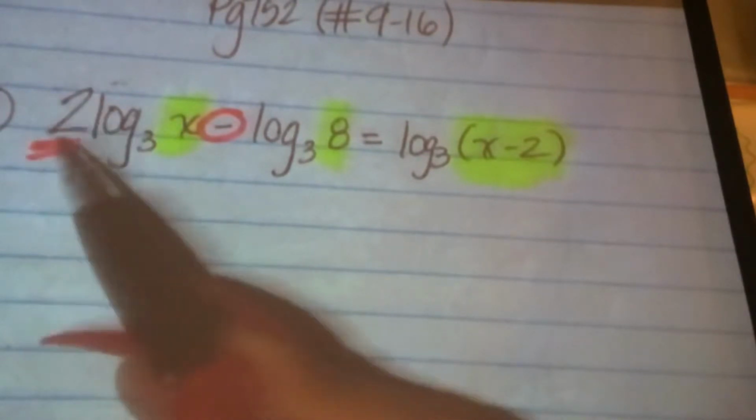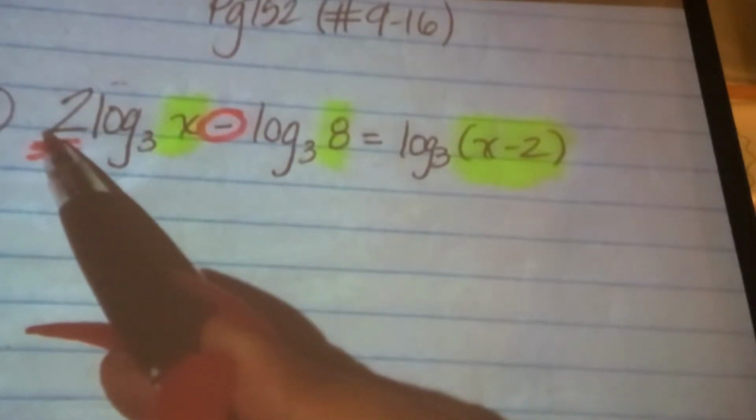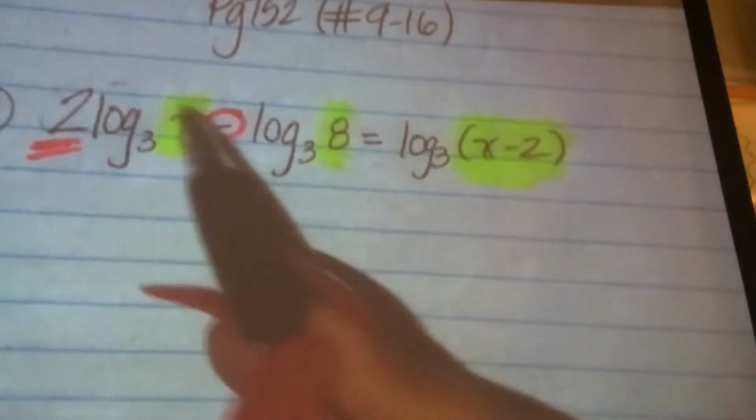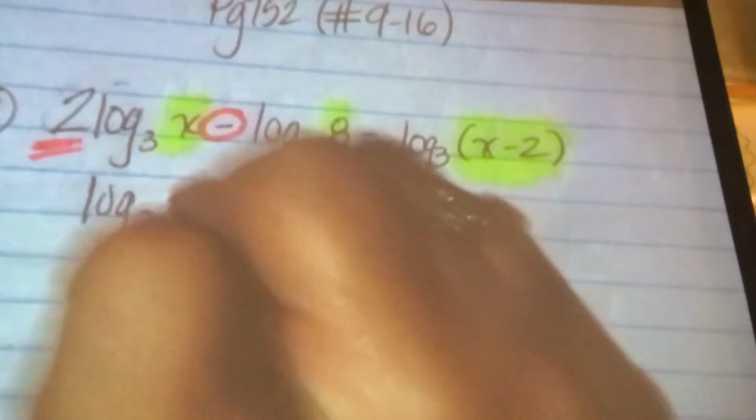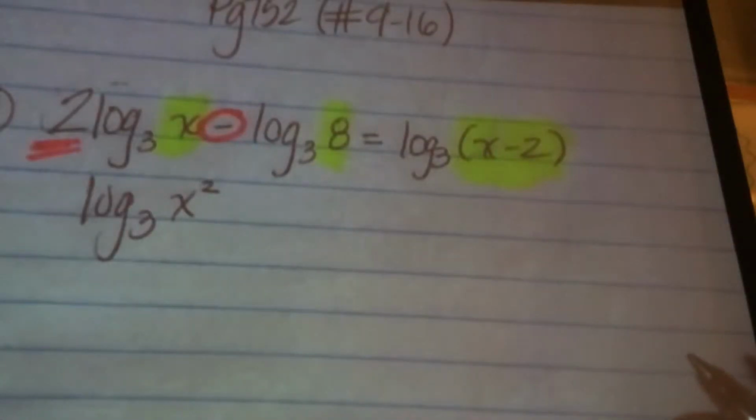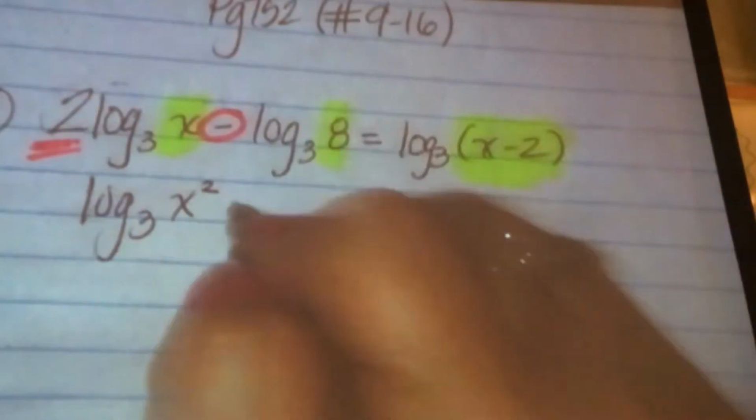Lauren, where was this 2 before I pulled it down as a coefficient? Yeah, very good. It was an exponent. It was up here, okay? So we know that the next step would be log base 3 of x squared minus log base 3 of 8.